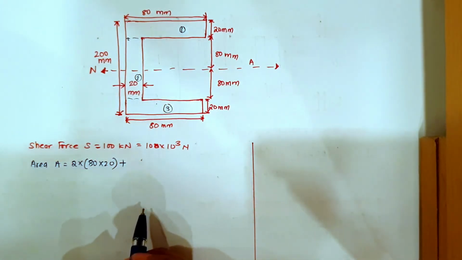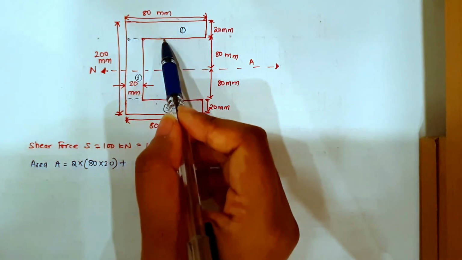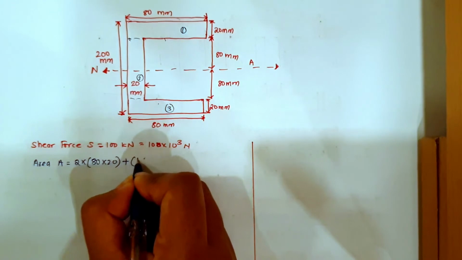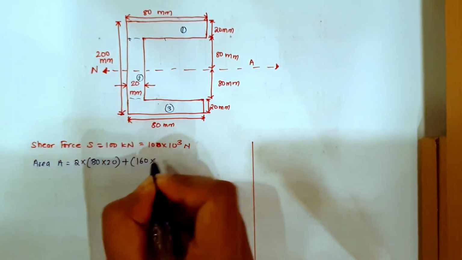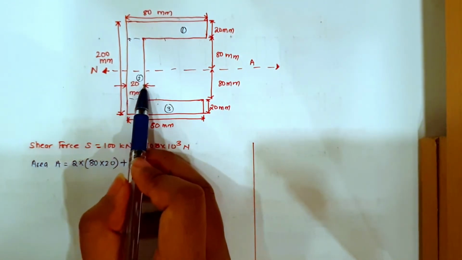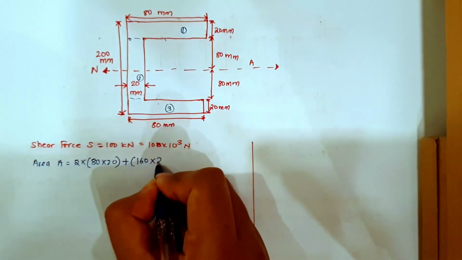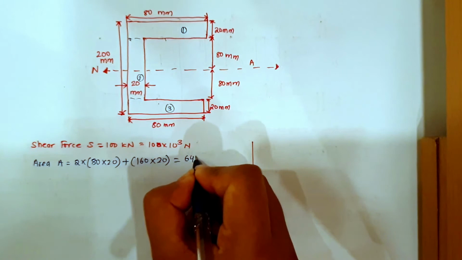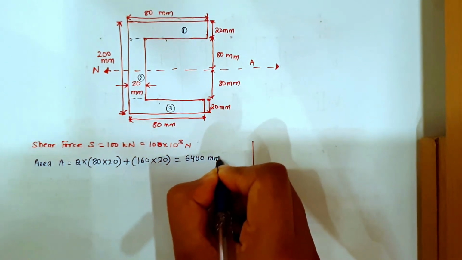It will be equal to, what is this height from here to here? 80 plus 80, 160. 160 into the thickness of this web is 20. So from here area will be coming equal to 6400 mm square.